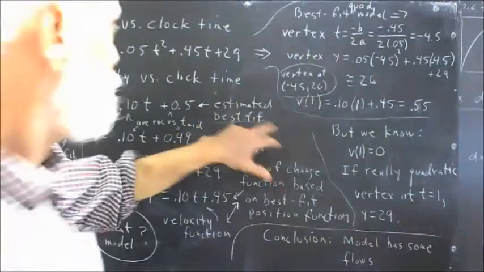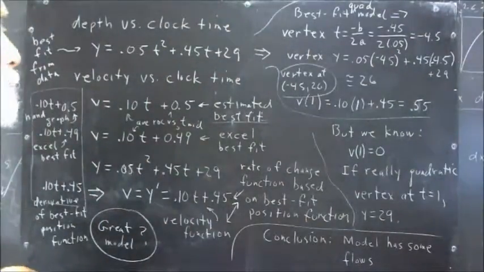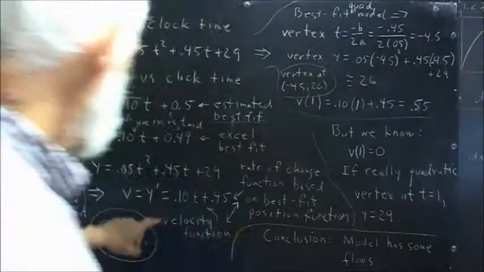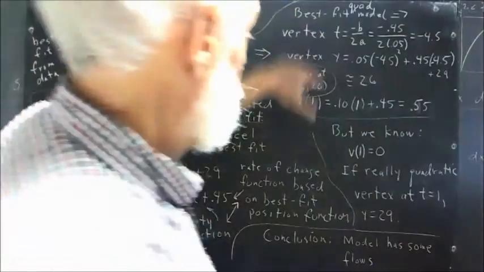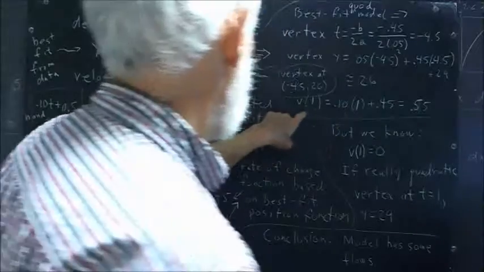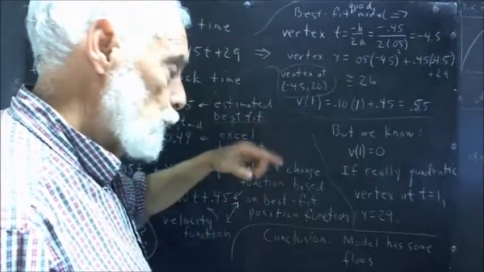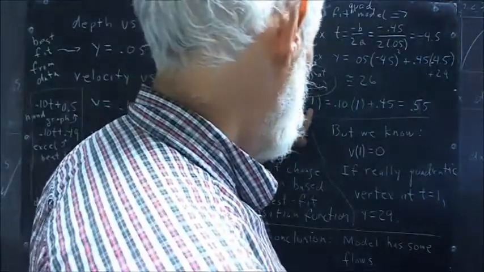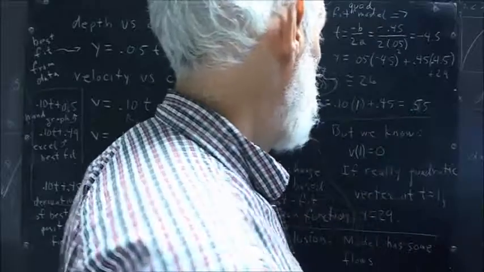And also, using the derivative of this function, the velocity would be 0.10t plus 0.45. So this still follows from the best fit quadratic function. V of 1, which we know to have been 0, that's where I released the ball at count 1, was 0.10 times 1 plus 0.45, or 0.55.